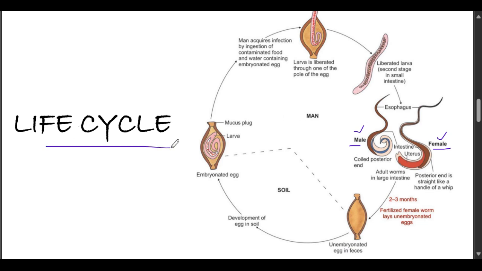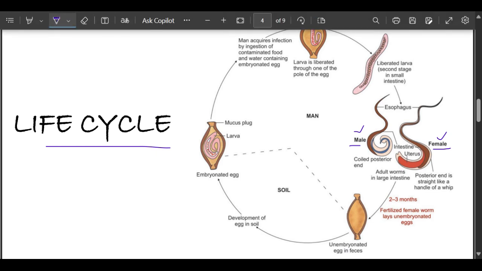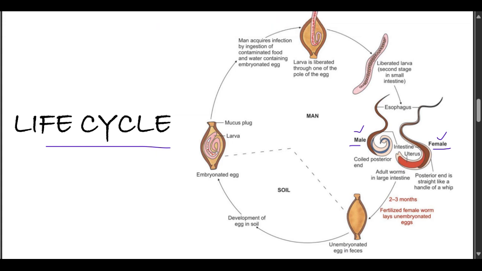Okay, so back to the life cycle. So to start with, remember we already mentioned that when it comes to the host, humans are the only host to Trichuris trichiura. Then the infective form of this particular parasite is embryonated eggs.